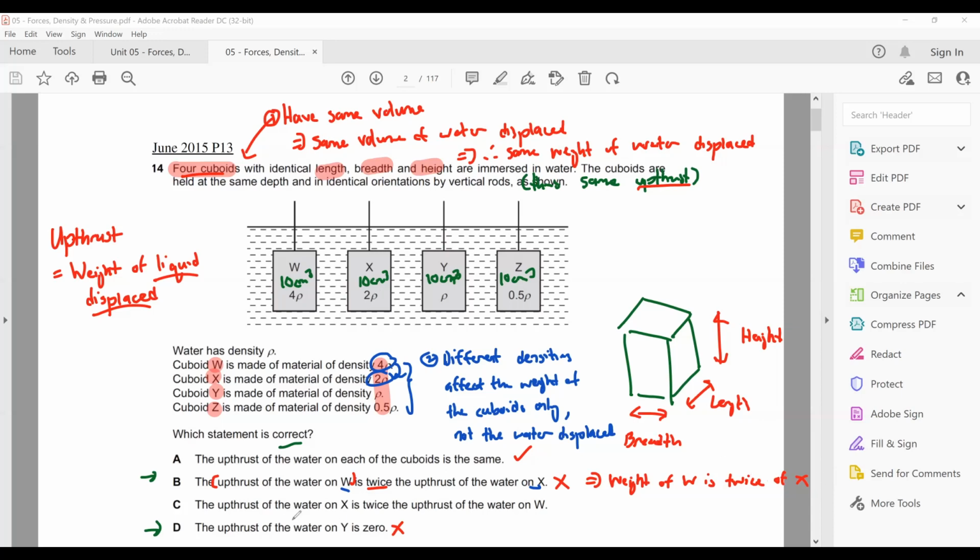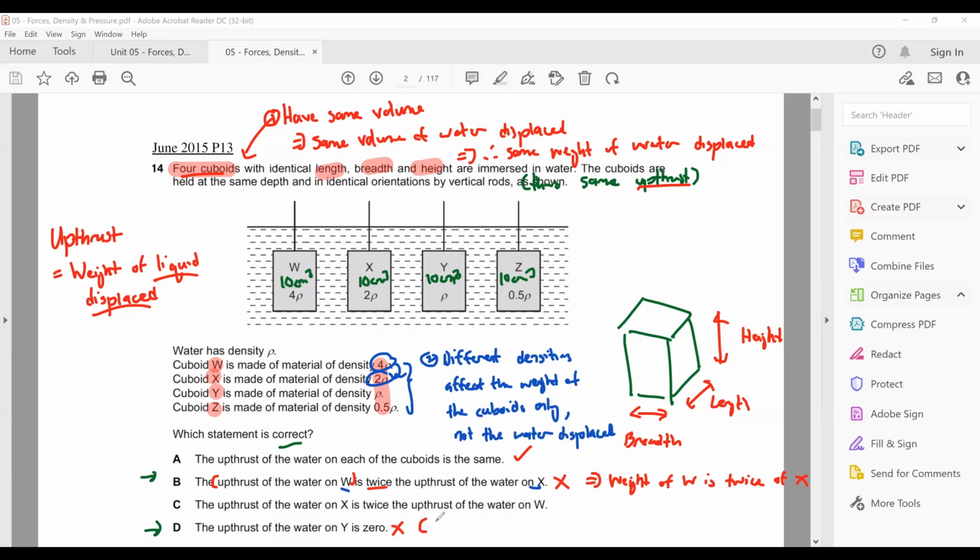Then if you look at D, the upthrust of the water on Y is 0. This one is nonsensical. The upthrust of water on Y is 0, and this cannot be true.